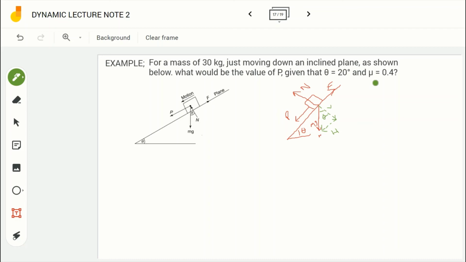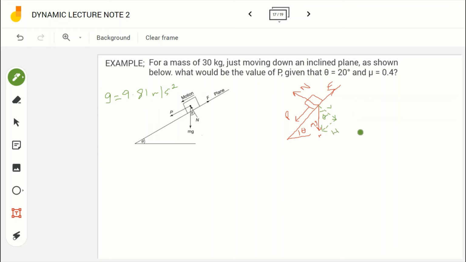My coefficient of friction is 0.4, and the mass is 30 kg. Please remember that your g is equal to 9.81 meters per second squared. All right, so the first thing we do right here is to find the value for V and H.